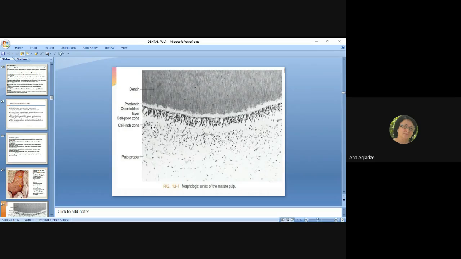Then you know that the pulp is also permeated by blood vessels, lymph vessels, and nerve endings.